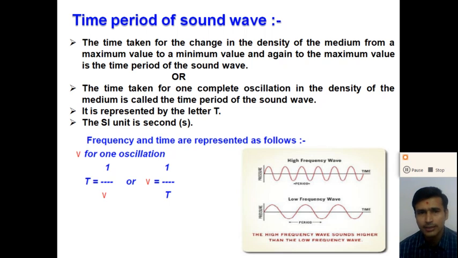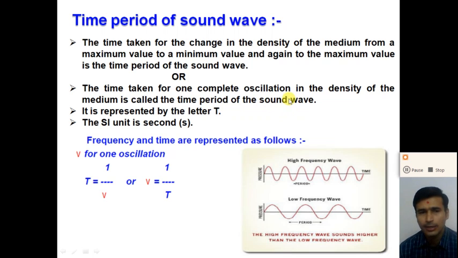We know that the change in the density of the medium from the maximum value to the minimum value and again to the maximum value is called one oscillation. So we can define the time period of the sound wave like this also: the time taken for one complete oscillation in the density of the medium is called the time period of the sound wave.